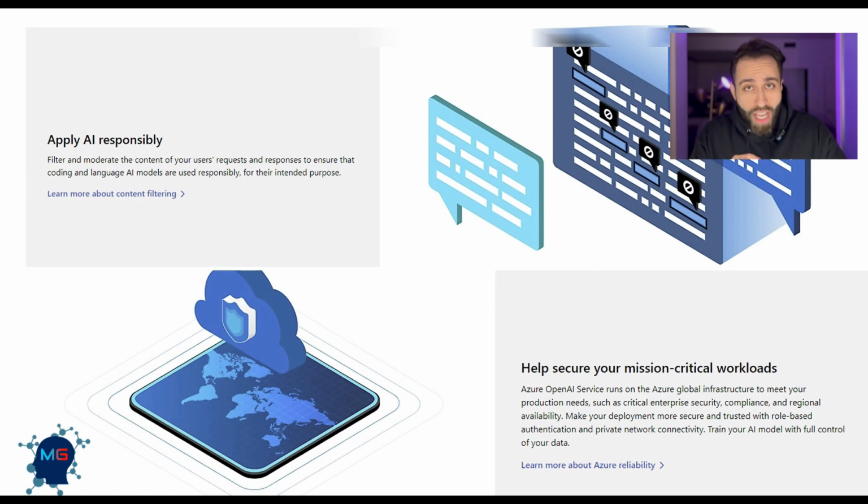Also, as of now, if you want to access OpenAI in Azure, first you have to send and fill out a request form. That means Microsoft will know what use case you're developing with these OpenAI services, what the potential product will be, and how you're going to access the model.